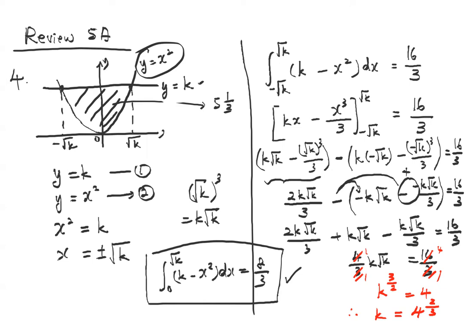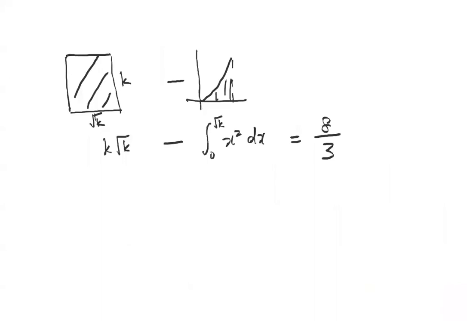For this method, we take the area of a rectangle minus the area bounded by the curve y equal to x squared. And this can be done because one of the curves is a straight line, so you can use a regular shape. You can find the area of a regular shape.